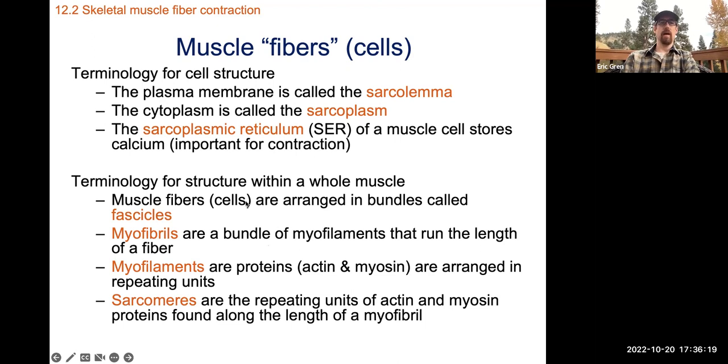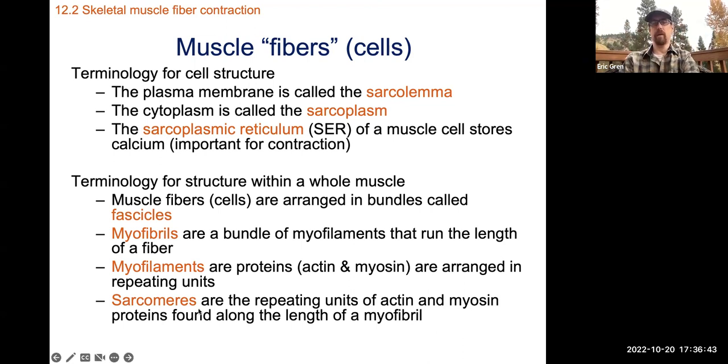All right. A few other structures that you're going to see in a skeletal muscle cell. Actually, let's start down here at the end, right? I'm going to start at the bottom and work my way up. So the contractile unit, the shortening unit of a muscle cell is called the sarcomere.